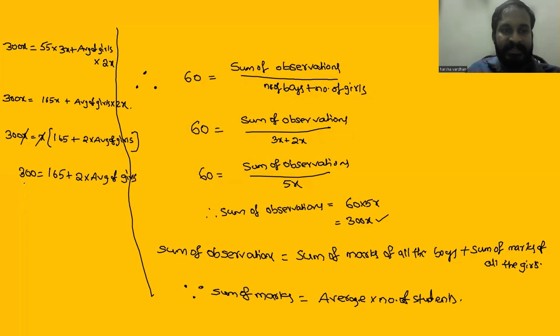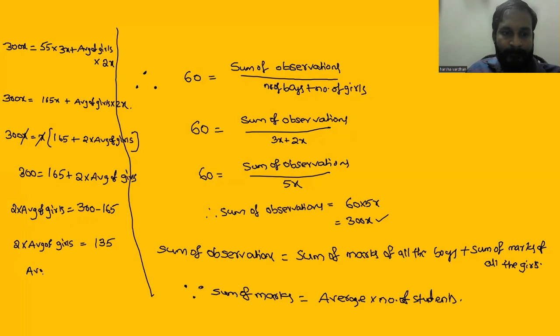Right? From this, 2 times the average of girls is equal to 300 minus 165, which is 135.